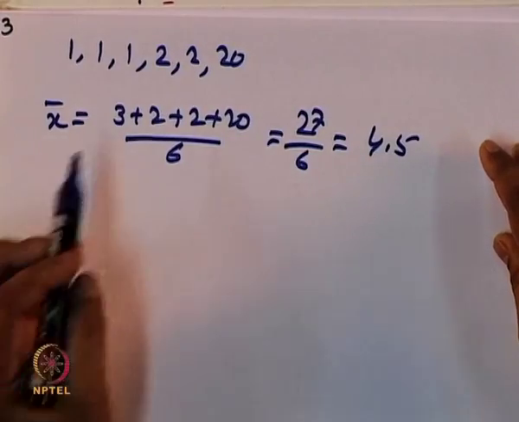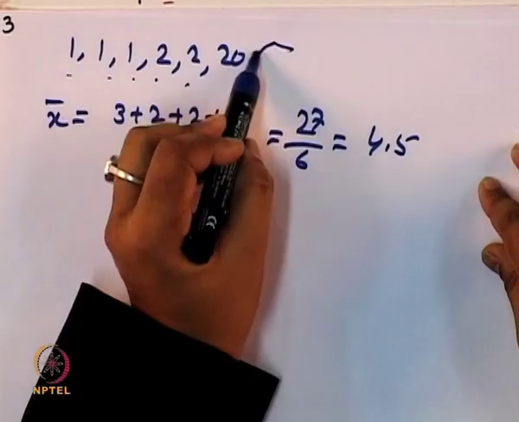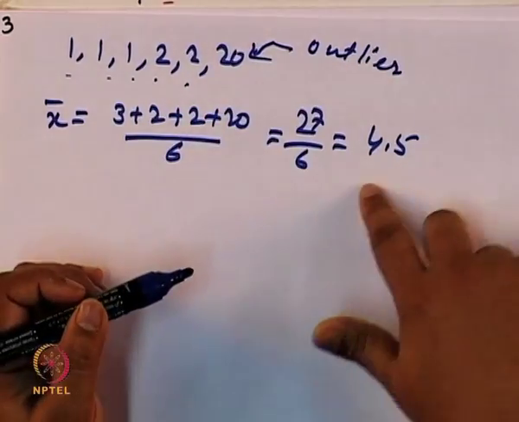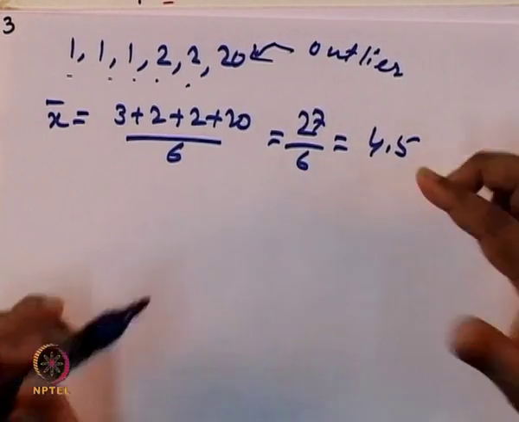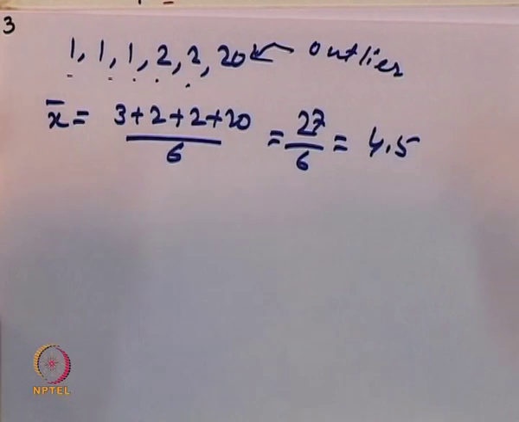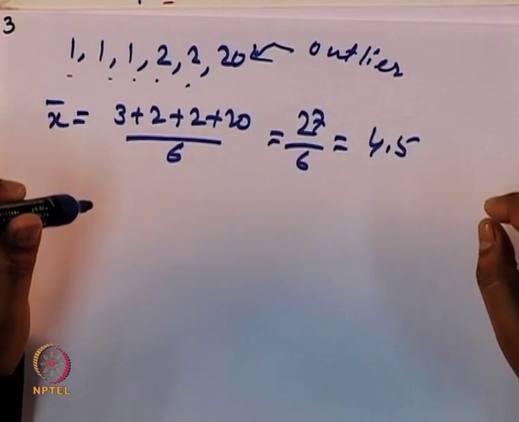Okay. So, we can clearly see my numbers are 1, 1, 1, 2, 2, and I have this outlier which is 20. This completely shifts my average to a value of 4.5, which really does not have any relevance to how my data looks. In other words, this is one of the main deficiencies of arithmetic mean: it is sensitive to outliers.